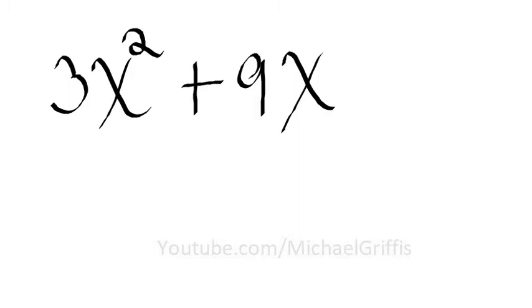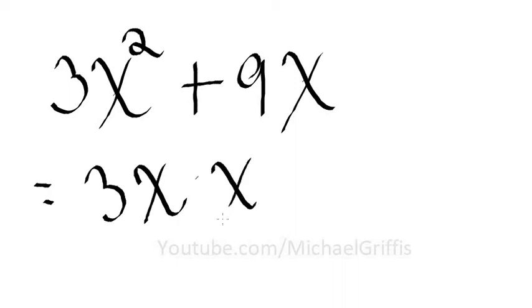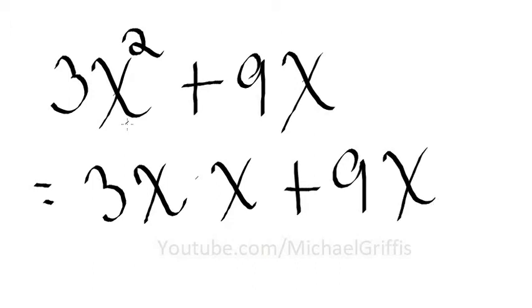Let's look. We have an x and an x. In other words, I'm going to write it like this. I just expanded that x squared. What does this have in common?